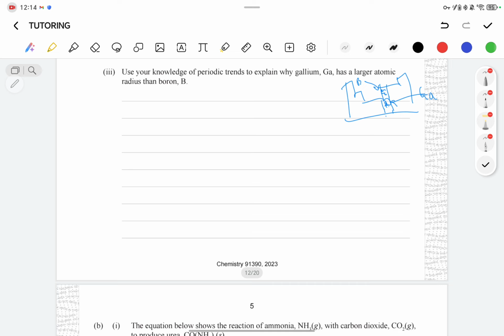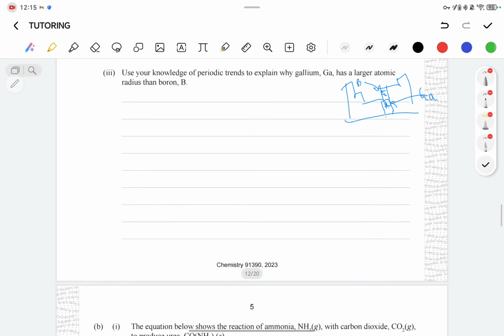Well, even if that is the case, this attraction is offset by the increasing distance between the nucleus and valence electrons. So the electrostatic attraction between the positive nucleus and its valence electrons decreases, and therefore the atomic radius of gallium is larger than the atomic radius of boron.